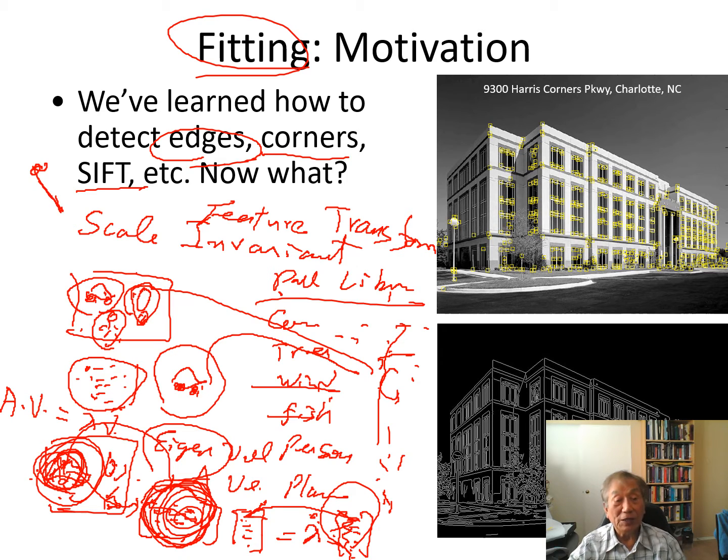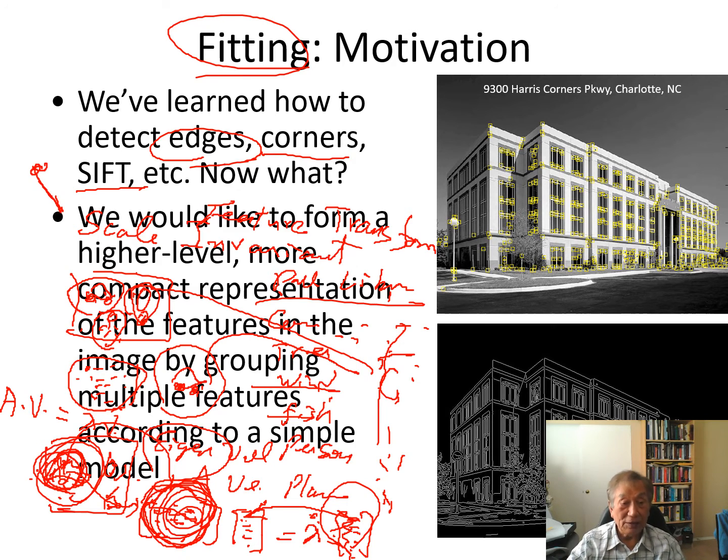So once we got that one and we got this shift and scale invariant transformation done, feature transformation done, what do we do next? From a high level, a more compact representation of features by grouping multiple features into a simple model, namely eigenvectors and eigenvalues.